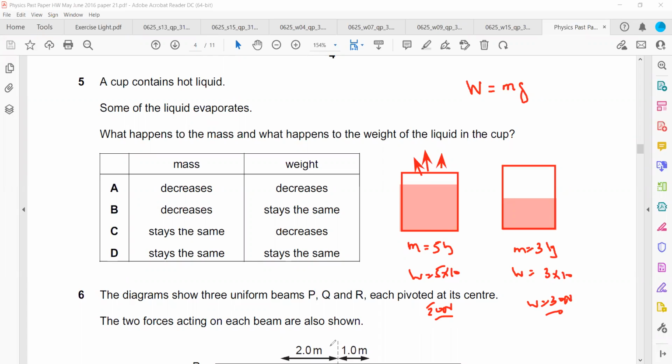Either mass should decrease or gravity decreases. And mass depends on the amount of matter, the number of particles. If the amount of matter or the number of particles decreases, the mass will also decrease. So what happens to the mass? That should decrease, and what happens to the weight? That should also decrease.